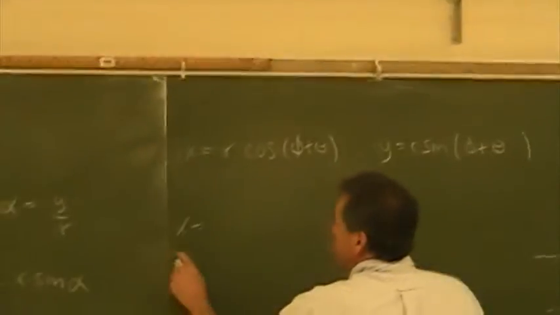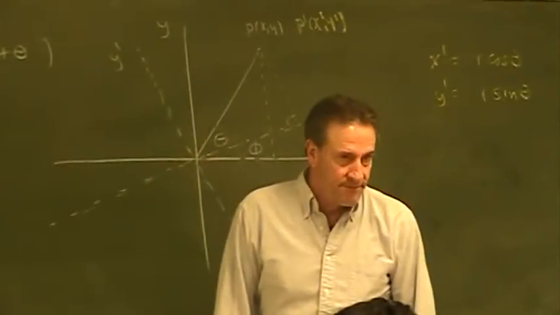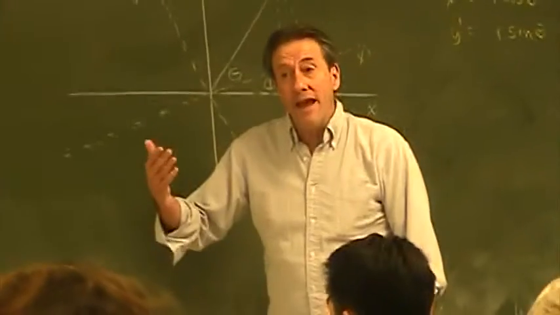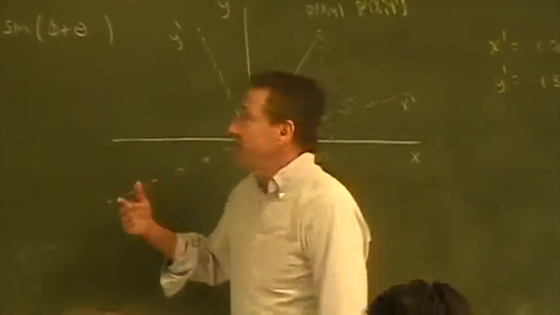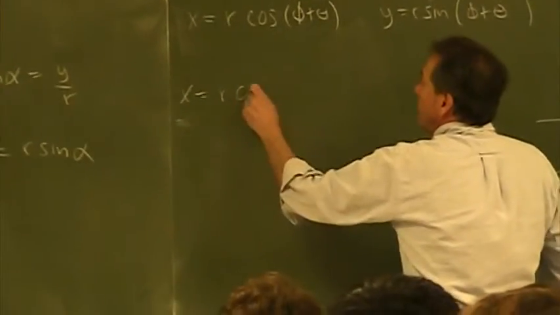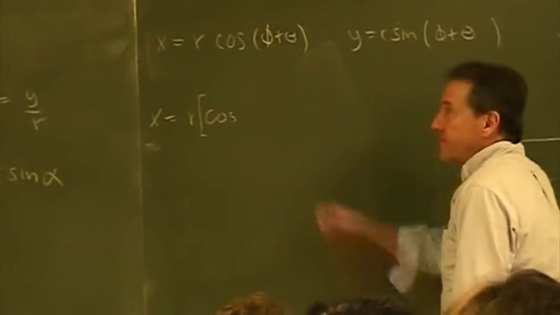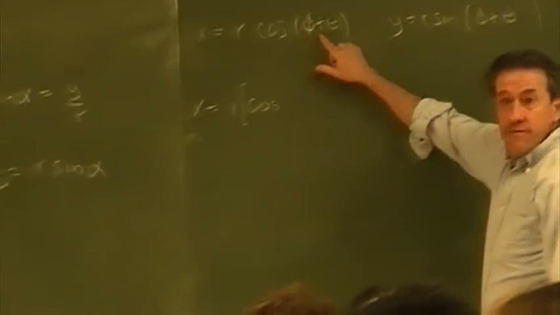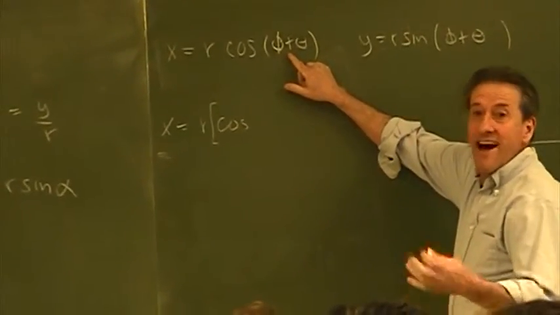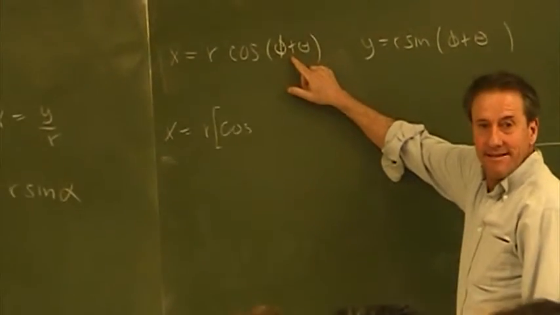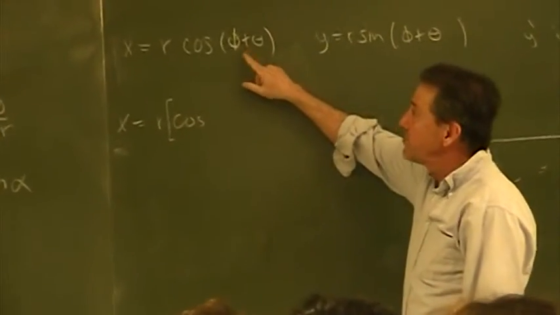Okay. So x equals, we're coming up with the equations of rotation. Cosine of alpha plus beta. Cosine, cosine, sine, sine, sine. How can you forget that? We're going to expand this.